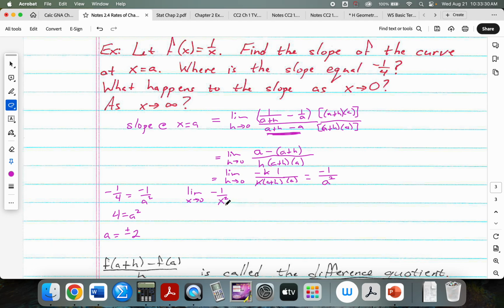As the denominator gets really small in a fraction, what happens to the fraction? Really big, right? There's an inverse relationship there. If the denominator is really big, the fraction is really small. If the denominator is really small, the fraction is really large. So this is going to be negative infinity.